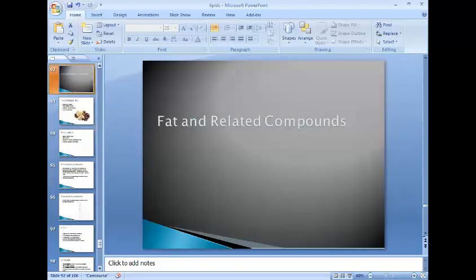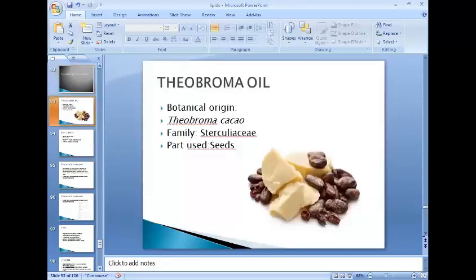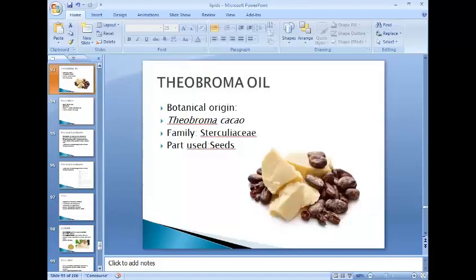Now we have another group, that is fat and related compounds. Fat, about which we studied, usually has triglycerides which are saturated in nature, or it has a high proportion of saturated fatty acid.